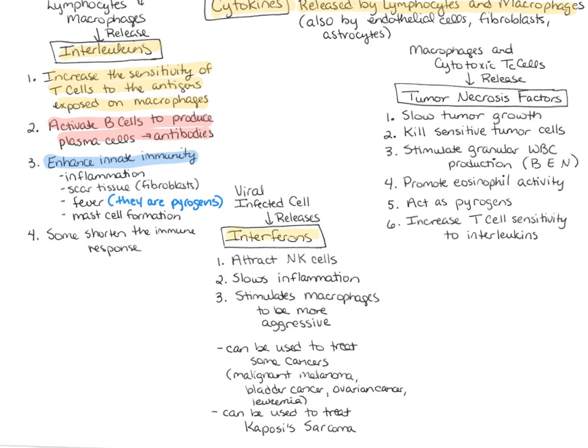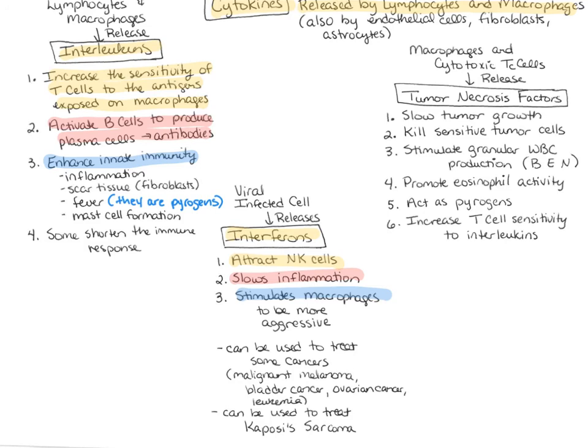Interferons we already talked about. These are also cytokines. They're released by virally infected cells. They attract natural killer cells. They want those infected cells to be killed. They slow inflammation. They stimulate macrophages. Interferons you're going to hear about in the health field.